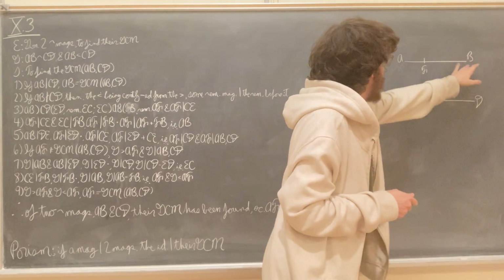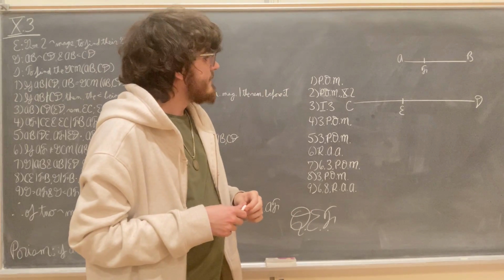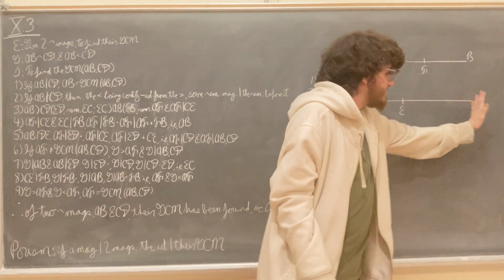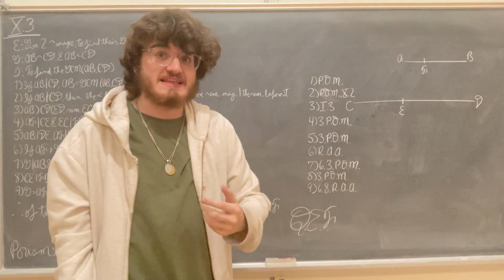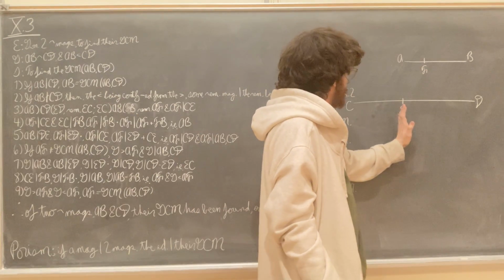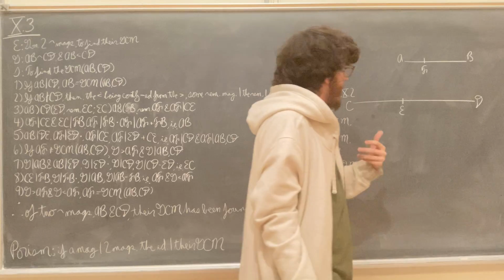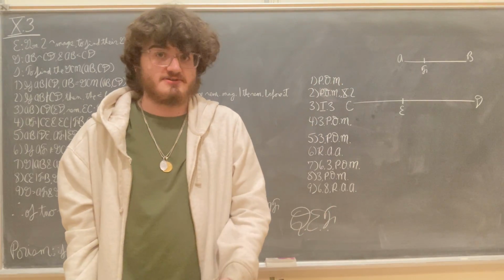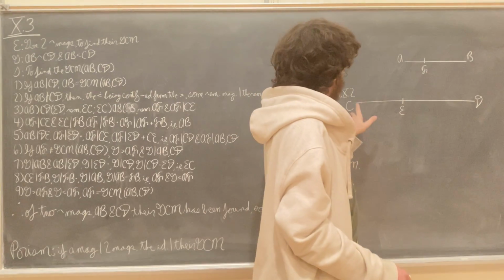So AF measures AB. But we also know that AB measures ED. So again, by that same property of magnitudes, AF is also going to measure ED. But we had set it out in our third step as well that AF measures CE.